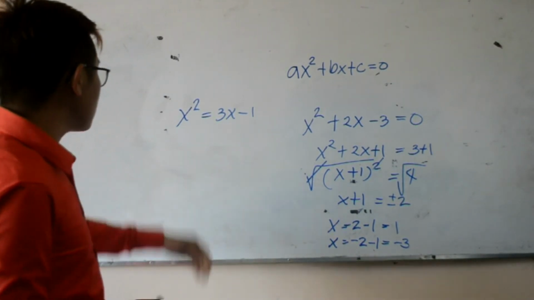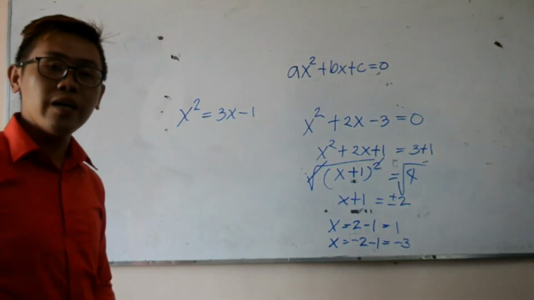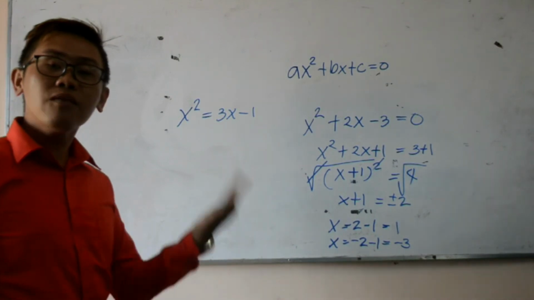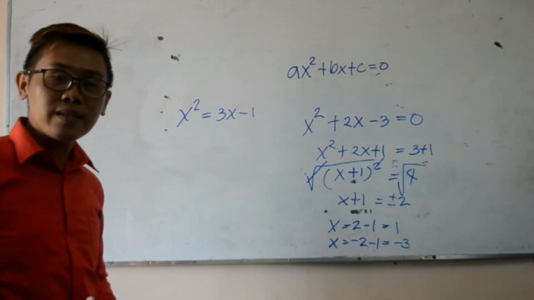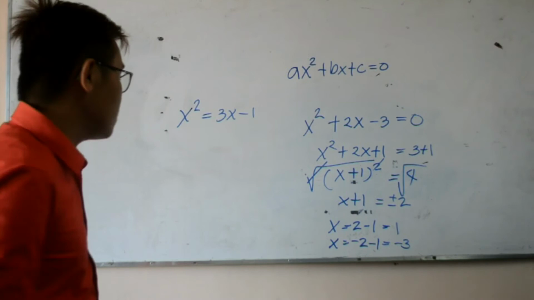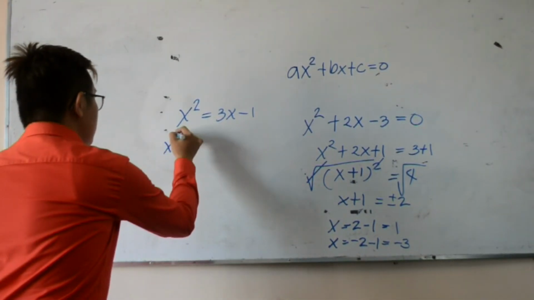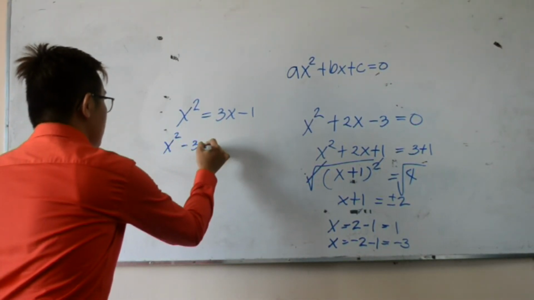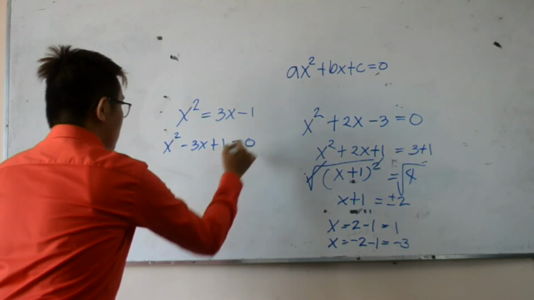In this case, we have to transfer 3x minus 1 to the other side of the equation in order to attain its standard form. So we have x squared minus 3x plus 1 is equal to 0.